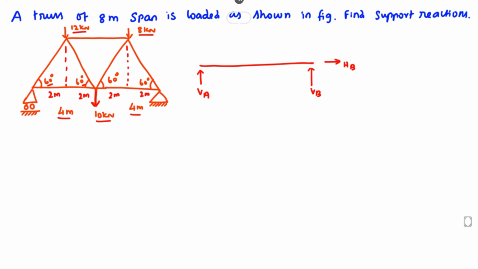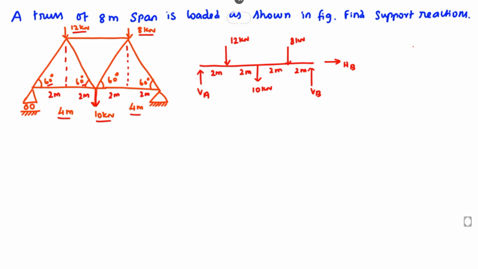Now 12 kilonewton is acting vertically, here the 10 kilonewton acting vertically, and here 8 kilonewton acting vertically. Here is 2 meter, 2 meter, 2 meter, and 2 meter.